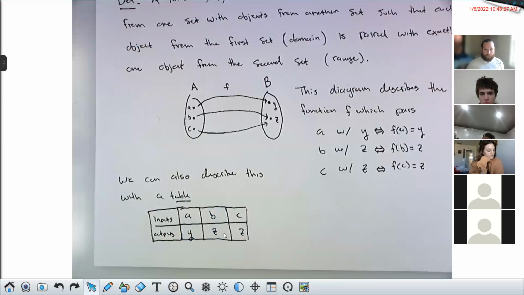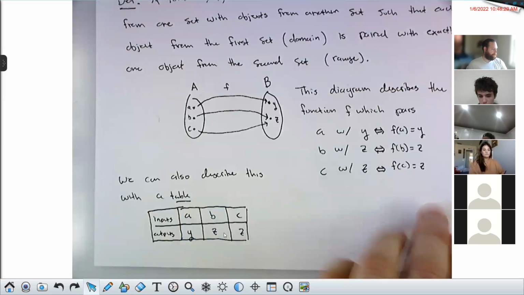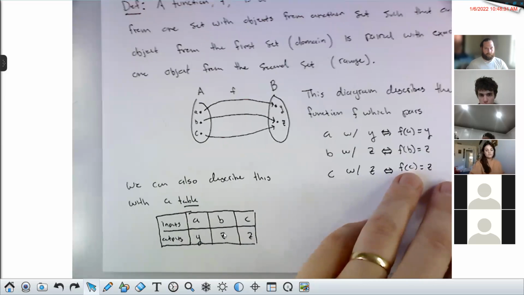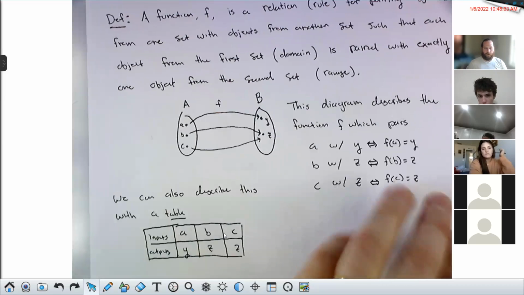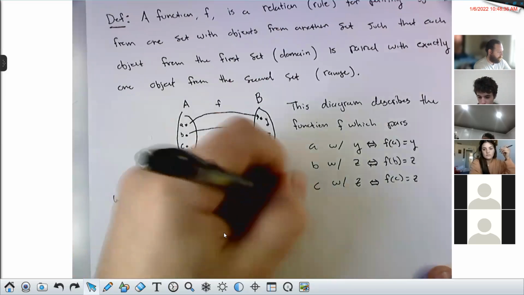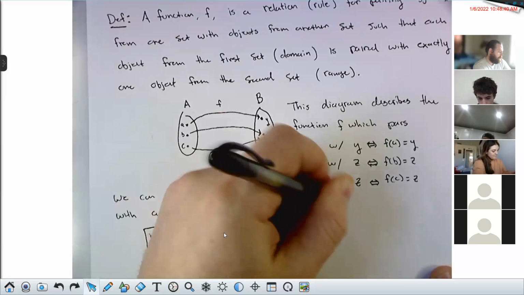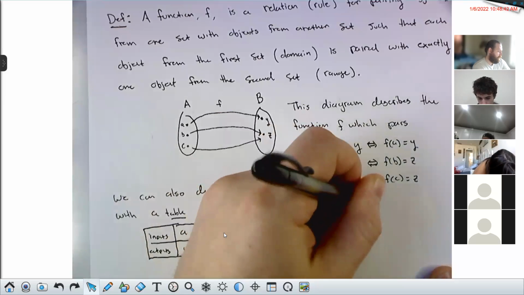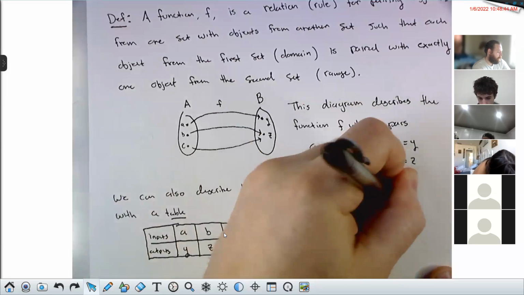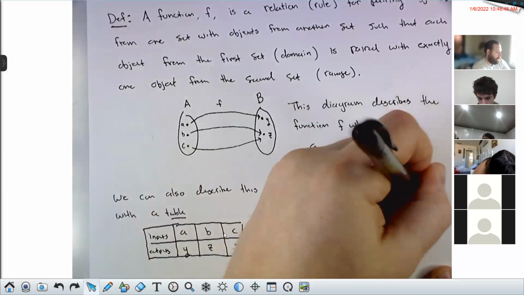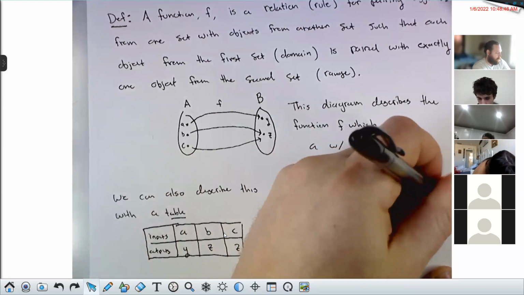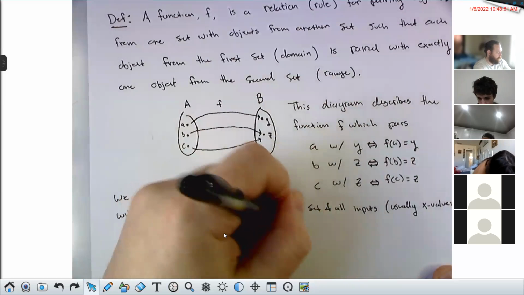Let me show you an example of something that's not a function. This time I'll use some numbers. Maybe I'll hold here just for a second. And let me include one more little bit. So the set of all inputs, and these are usually X values, although sometimes we'll use other variables, is called the domain.